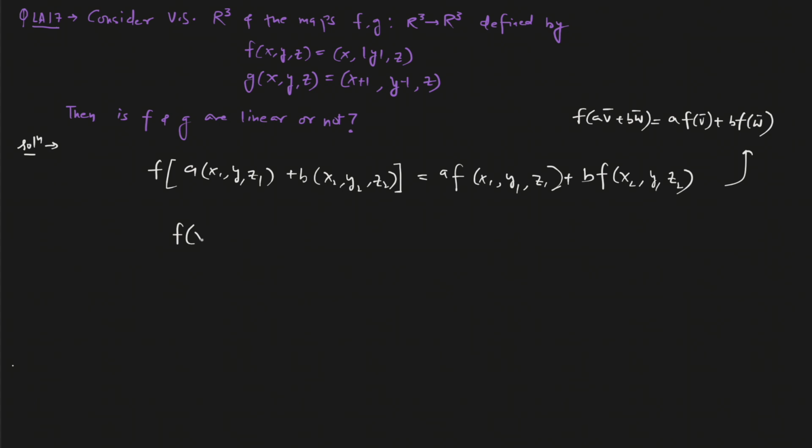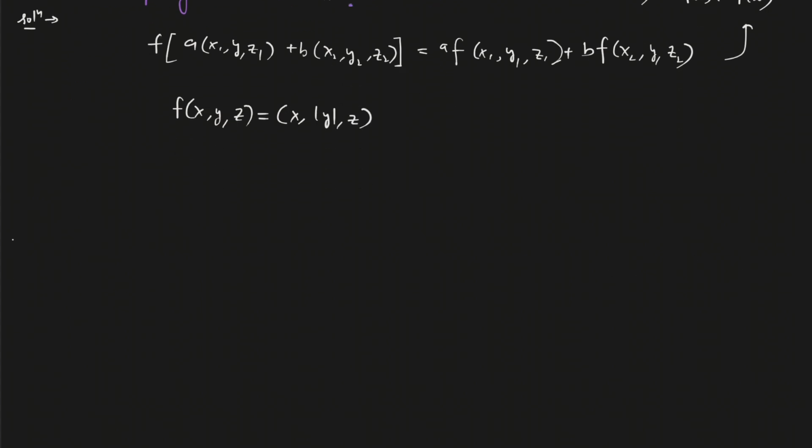So what is f? f of xyz is x, mod y, and z. So we need to check this property. If this is holding, then f is a linear map. So what is f of a times the first vector, that is x1 y1 z1, plus b times the second vector x2 y2 z2?